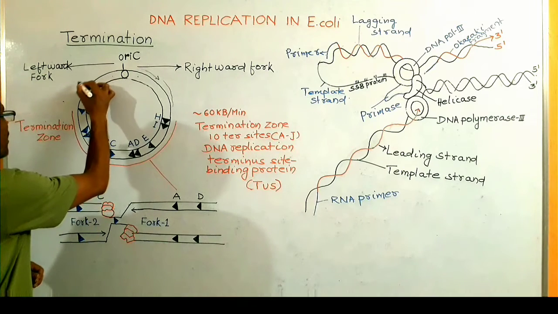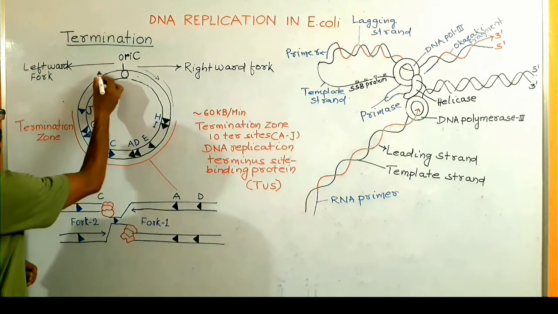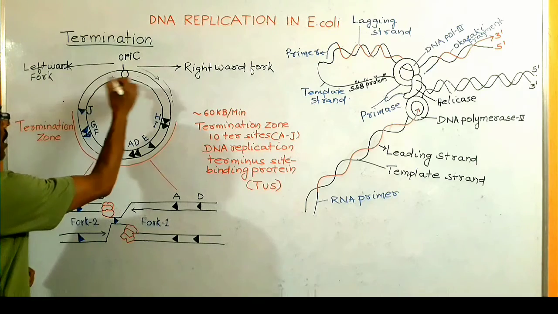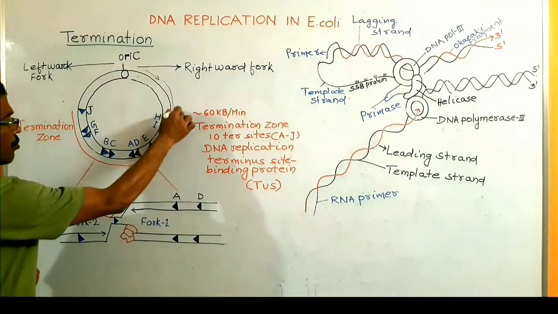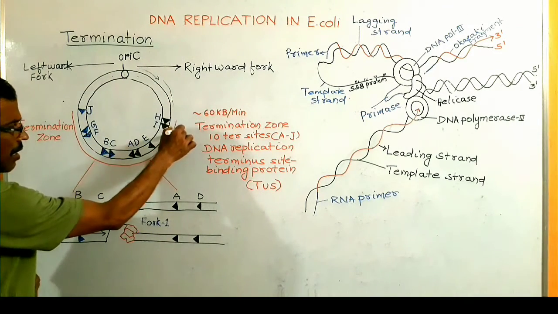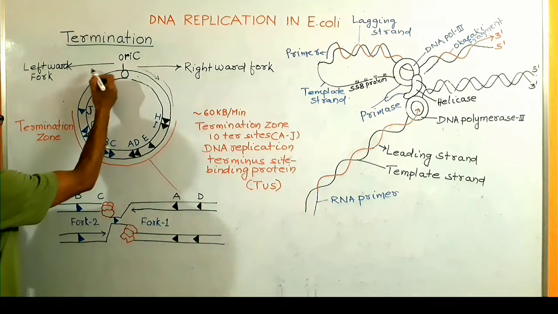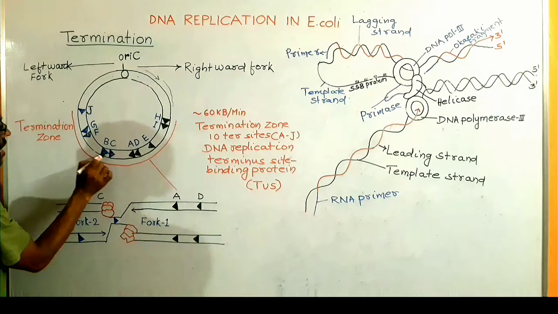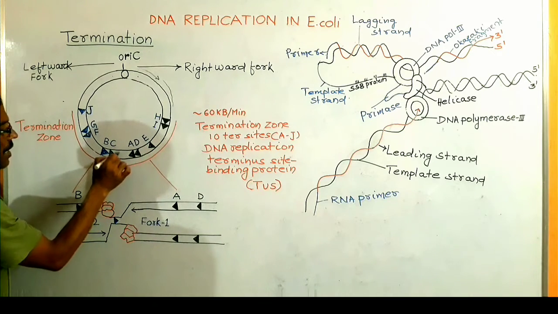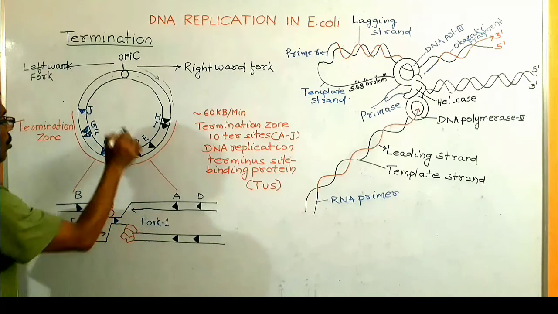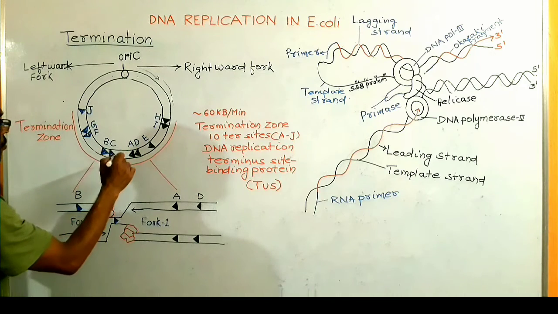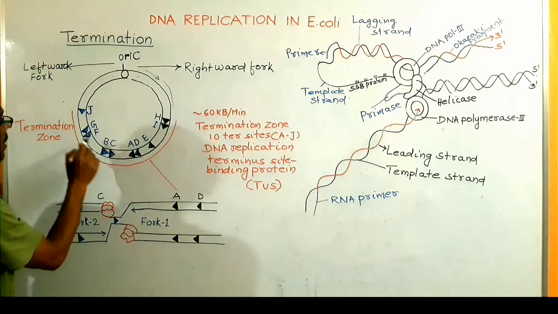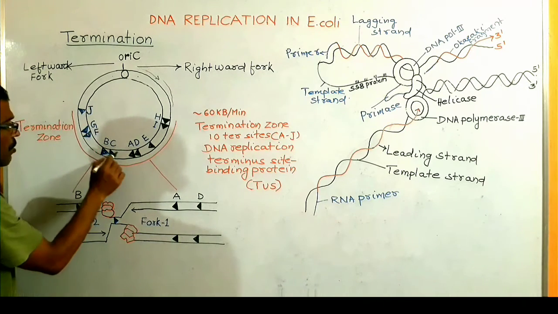So this is the direction of movement of the leftward replication fork, and this is the direction of movement of the rightward replication fork. The leftward replication fork can pass 5 such Ter sites, but after that it cannot move further. So the leftward replication fork is stalled after passing these 5 blue sites.